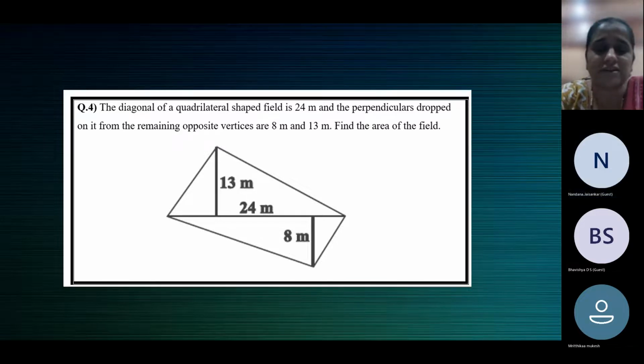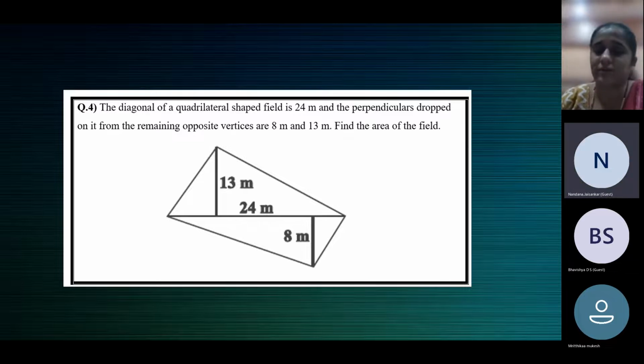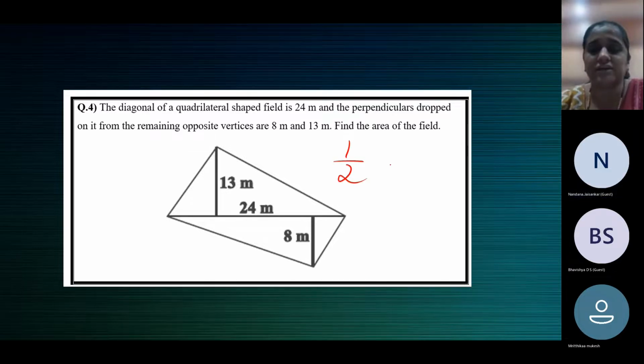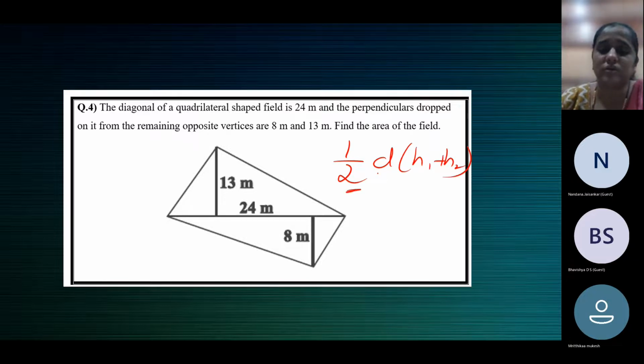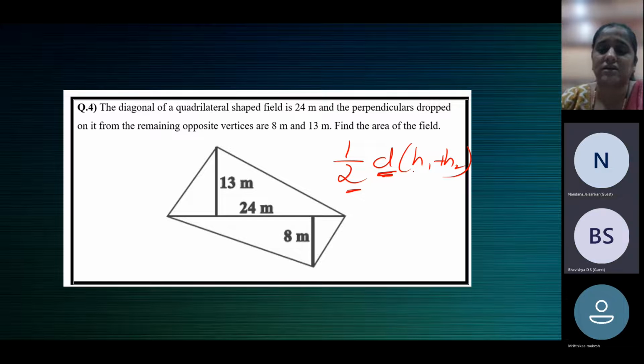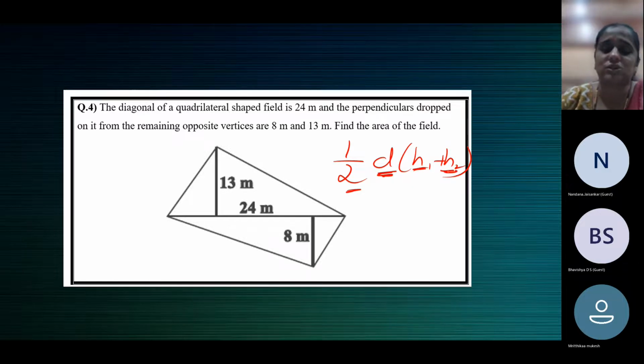Not diameter, diagonal. Half D into h1 plus h2. That means half into the length of the diagonal, and in brackets h1 plus h2.